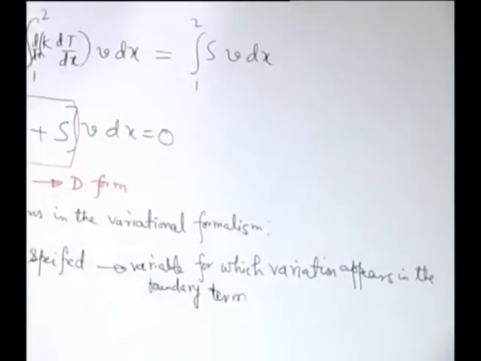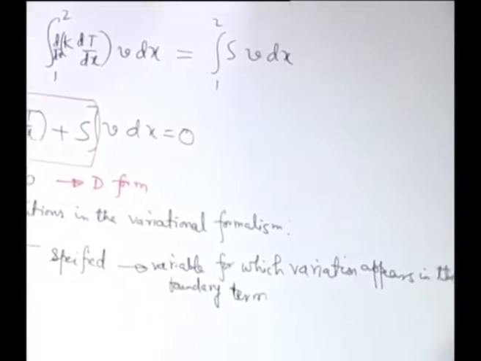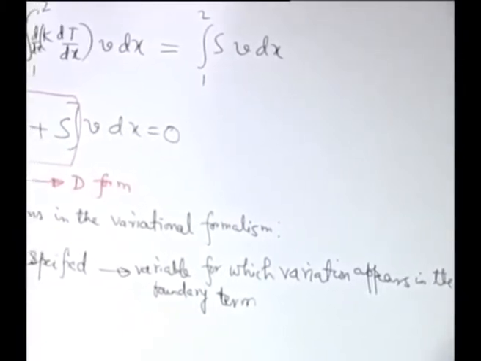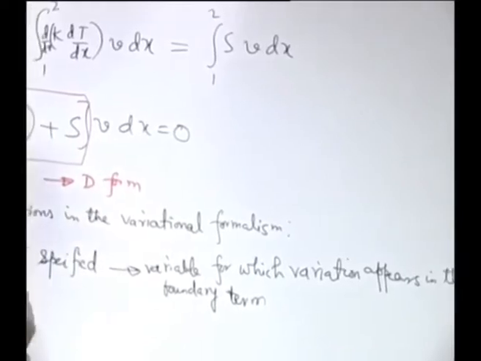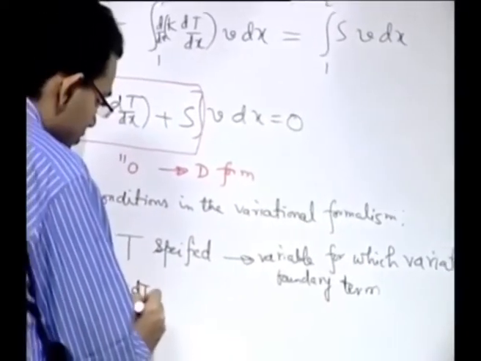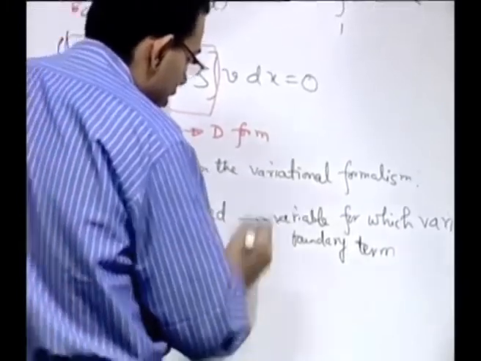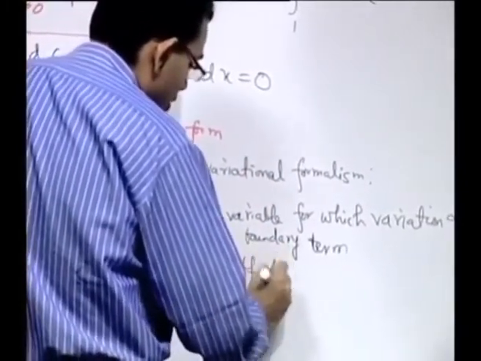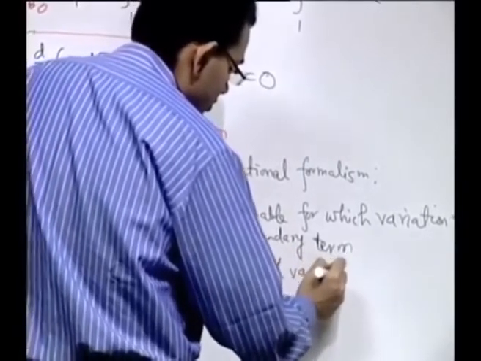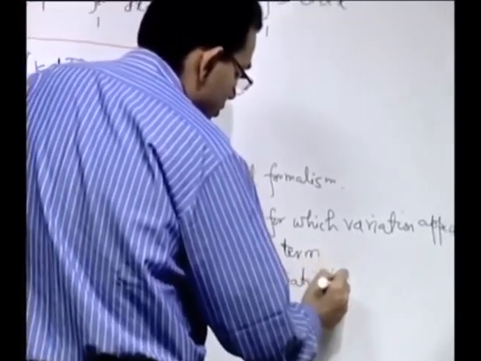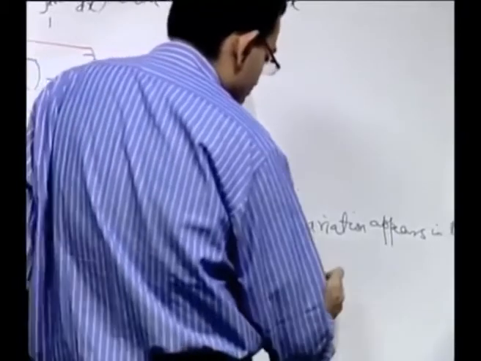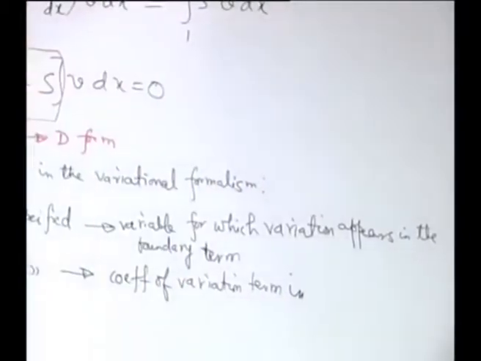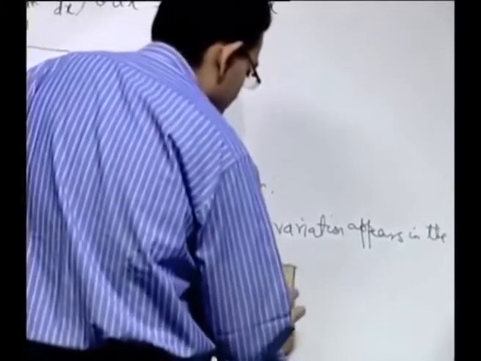Because V is variation of t and k dt dx specified, it means it is the coefficient of variation in the boundary term.